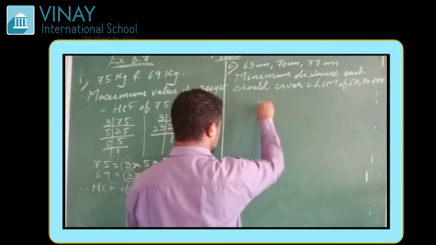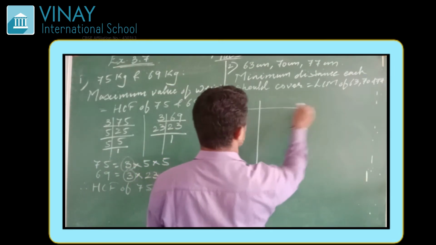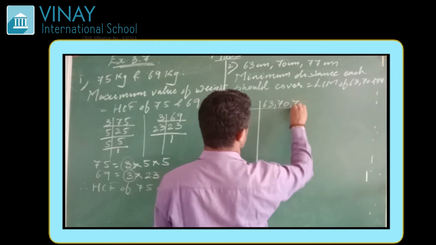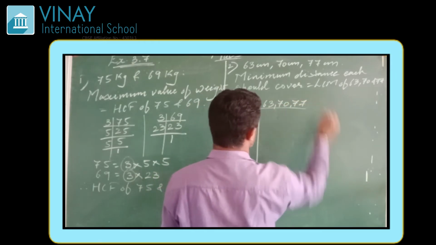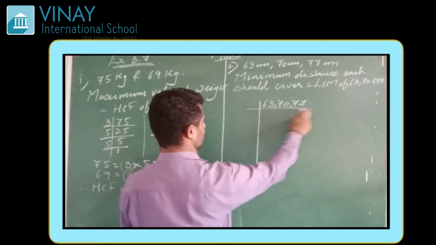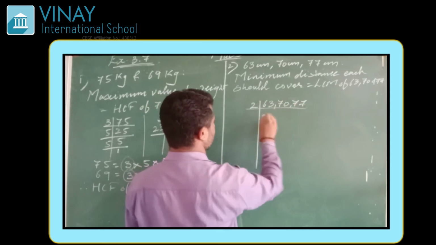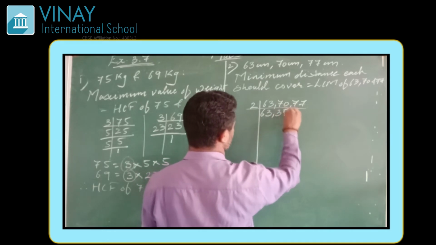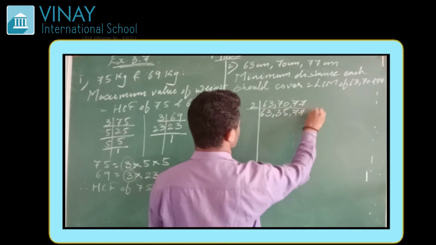So let us find out the LCM of 63, 70 and 77. Now 70 is divisible by 2. 63 will remain as it is, 70 will be 35, and 77 as it is.